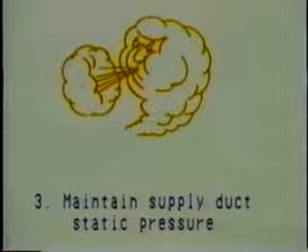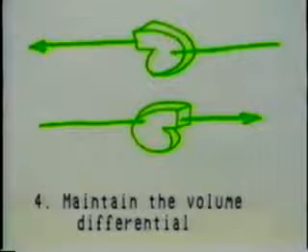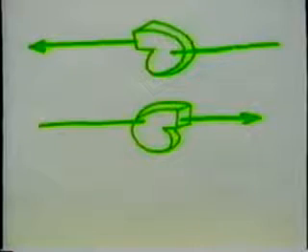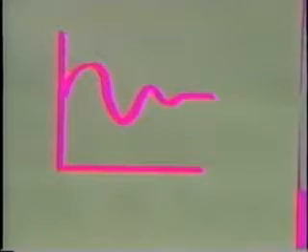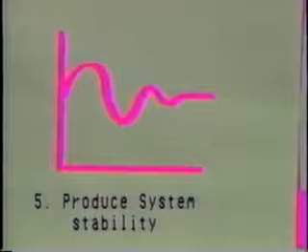This reduces the possibility of high pressure drops within the system, which could cause objectionable noise. 4. Maintain the volume differential between the supply and return fans equal to the volume of the exhaust from the space. This is done to prevent the HVAC system from causing building pressurization problems. 5. Produce system stability.